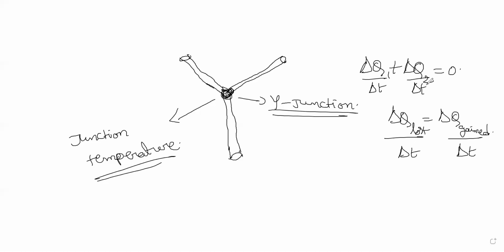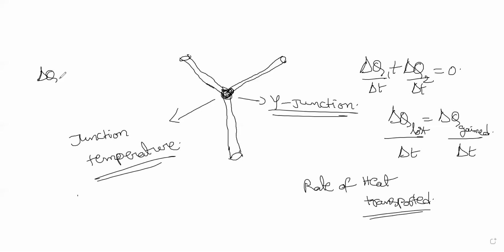So delta Q by delta T, when you divide with the time interval, you get the heat transported, the rate of heat transported from hot end to the cold end.